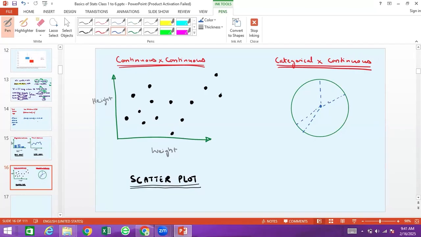The sectors are nothing but your categorical variable. Let's say, for example, manufacturing is there, IT is there, services, farming. All of these are different sectors which contribute to GDP, right?